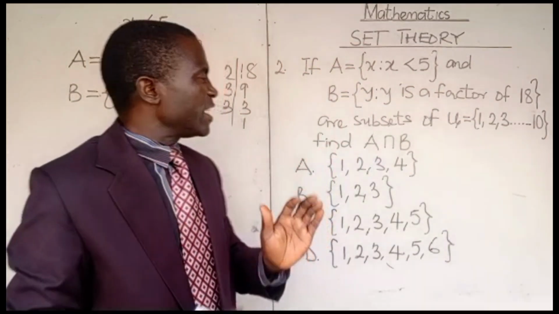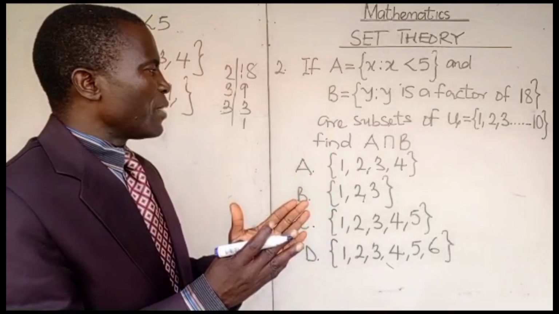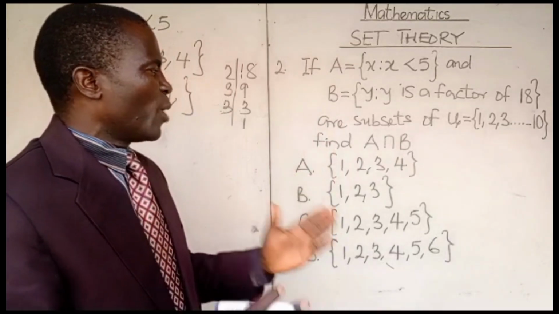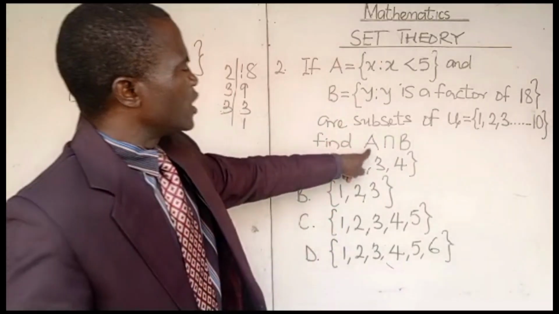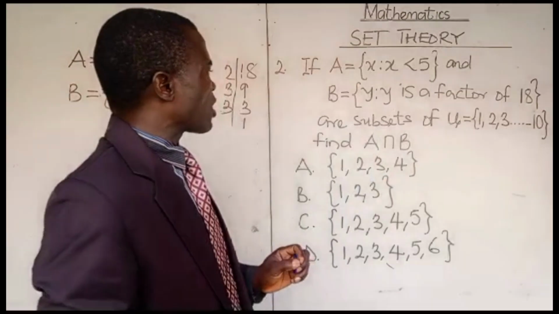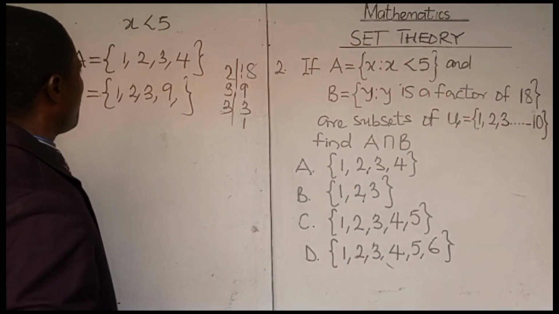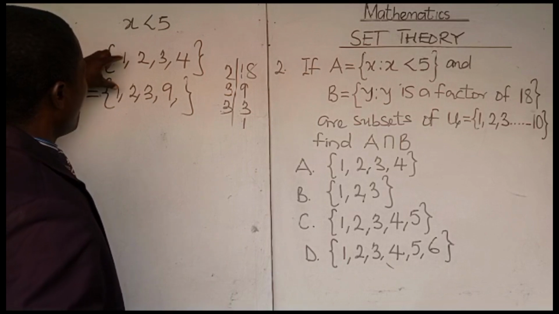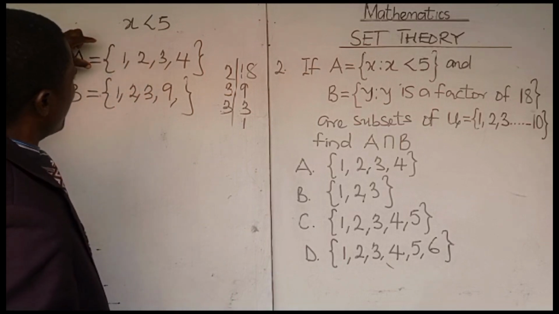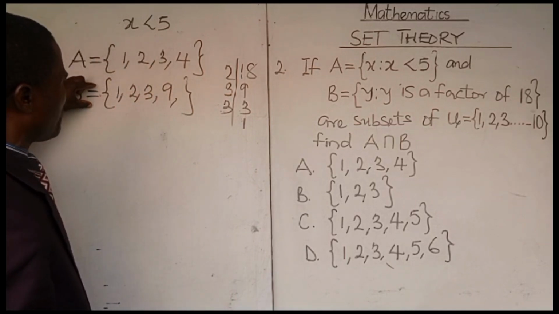Like I said, intersection means numbers or figures that are common in between the two subsets that we are considering. So we are considering subset A and subset B. What are the numbers that are common in between subset A and subset B?